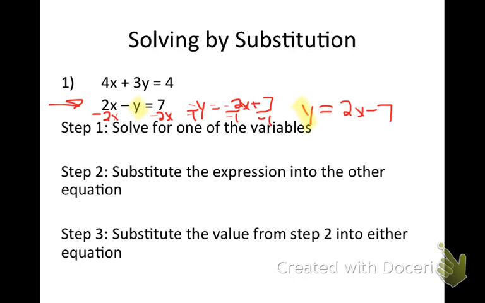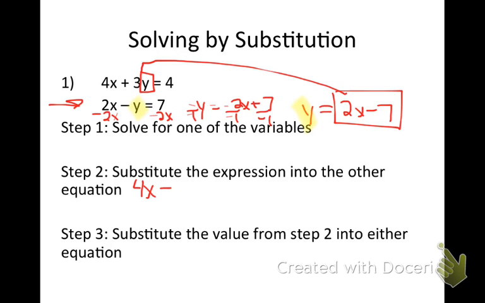I have y equals, I got y alone. Now, why do we want to get y alone? Because now I'm going to take what y equals, and I'm going to substitute it in place of y in my other equation. So I substitute that in, giving me 4x plus 3, parentheses, 2x minus 7 equals 4.